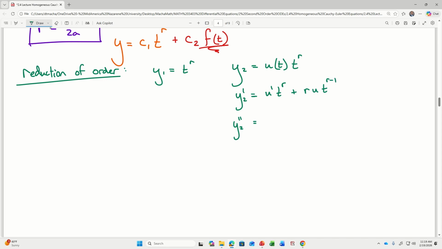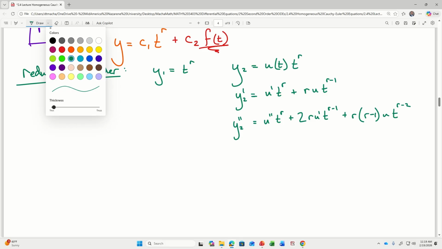And then the second derivative, according to the product rule, is going to be u double prime t to the r plus 2 r u prime t to the r minus 1 plus r times r minus 1 u t to the r minus 2.